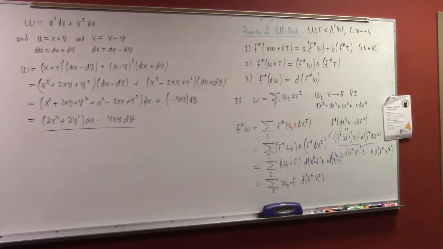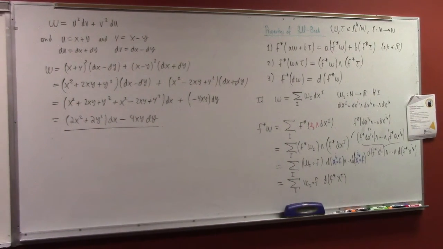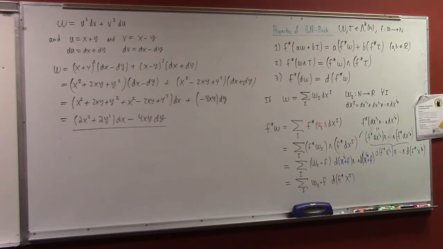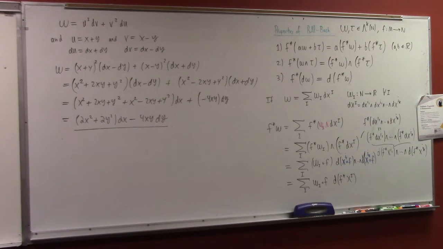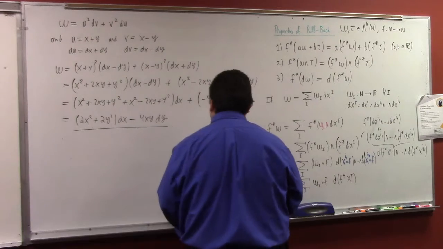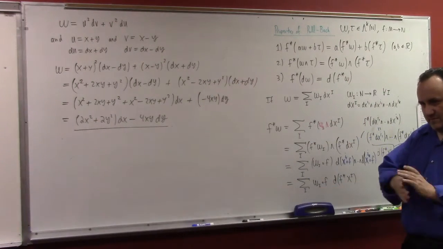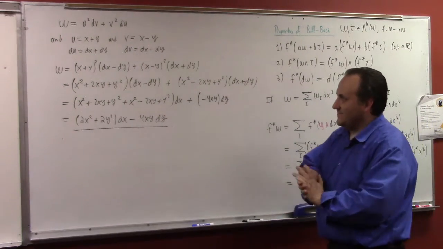Now, of course, if we actually go through the business of tracking the definition of the pullback faithfully, it takes a long time, like my example 1, right? But once you understand what's going on here, you can calculate pullbacks quite quickly, because it's just a natural extension of the differential calculus, which we've already learned a little bit in calculus 3. It's just the next level of substitution of differential stuff.